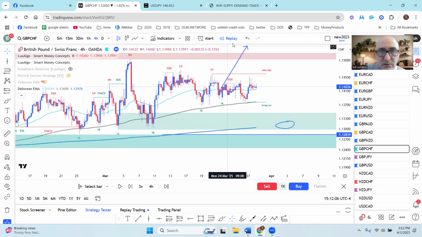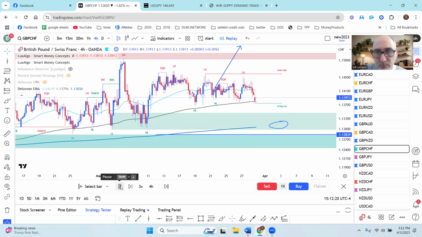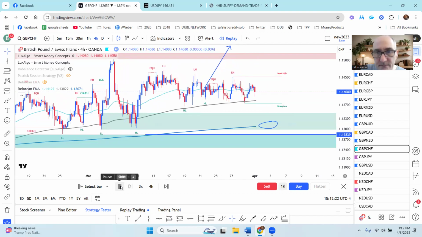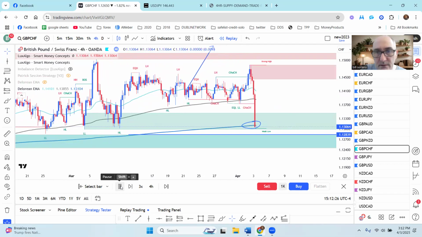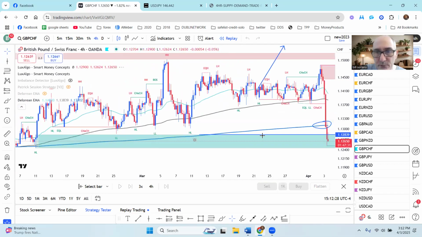Let's play this forward and see what happens. Again, we're on the 4-hour time frame, because that's the time frame we use to determine the trend bias and also to identify our supply and demand zones. Okay, so right here, price moves up and then it moves right down.